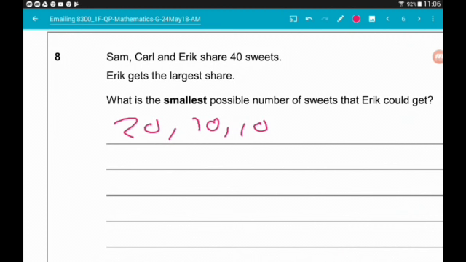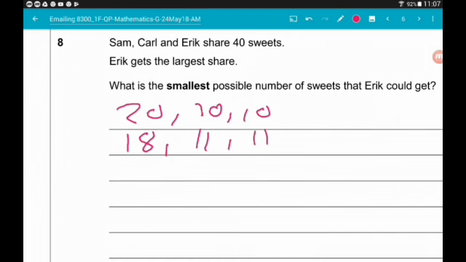Let's try 18. So if Eric had 18 sweets, then there are 22 sweets to be shared between the other 2 guys. So they could do that. They could have 11 each, for example. So that's fine, that would work.